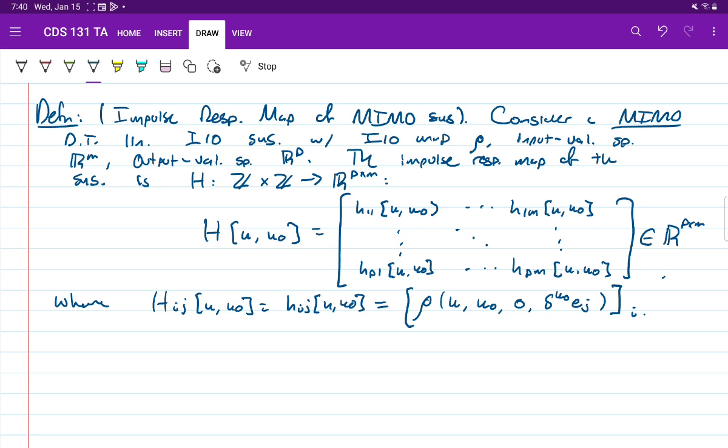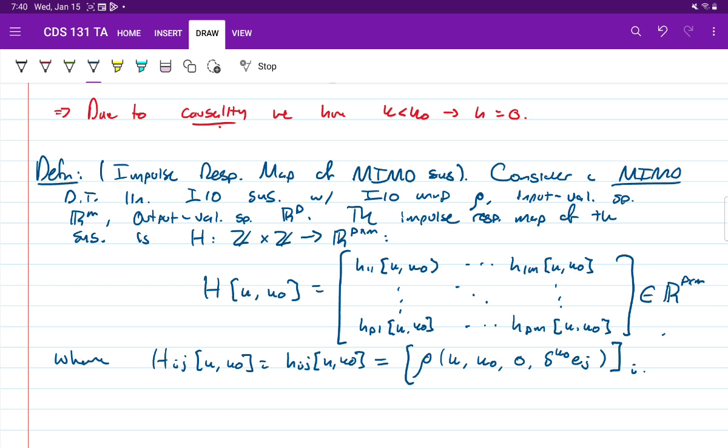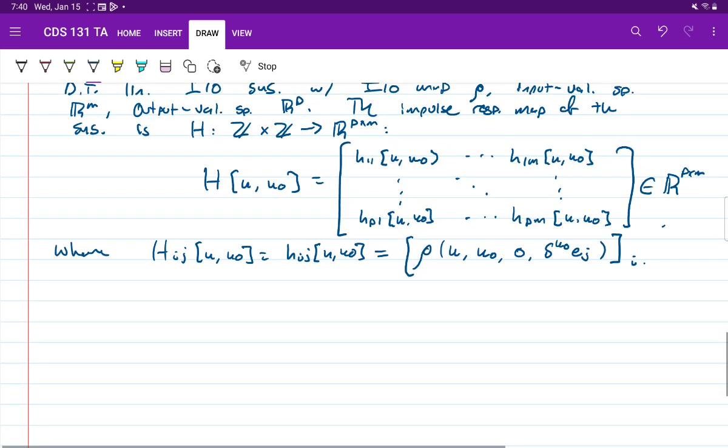Okay, fantastic. So how are we actually going to calculate this thing? Well, remember, earlier when we wanted to get concrete about these very abstract dynamical systems, we turned to linear system representations. So now I'm going to show how you calculate the impulse response map for a linear time varying system representation.